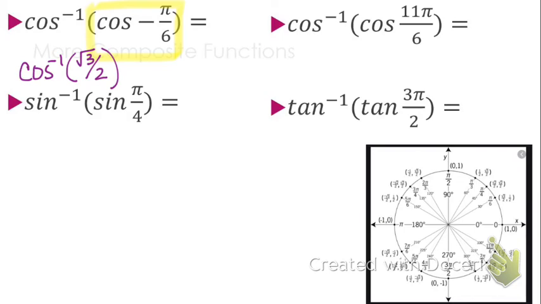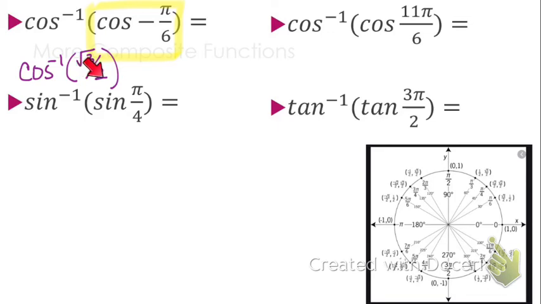Okay, so let's start over here. So first we got to find the cosine of -pi over 6. -pi over 6 is the same as 11 pi over 6. We got that part right. Cosine is x. So we have the square root of 3 over 2. So now we answered this question. Now we need to answer the second question, which is, what is the inverse cosine of positive square root of 3 over 2?